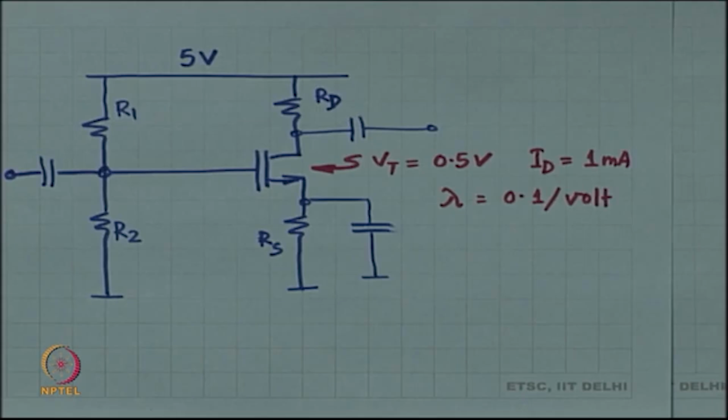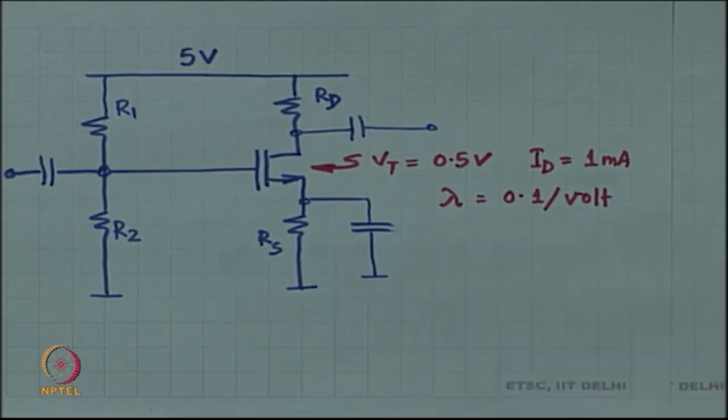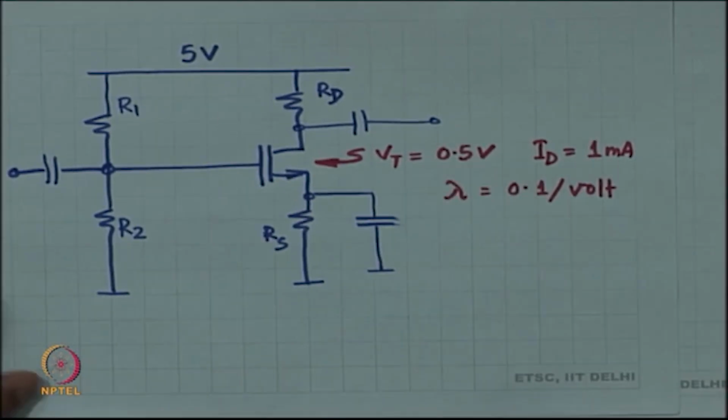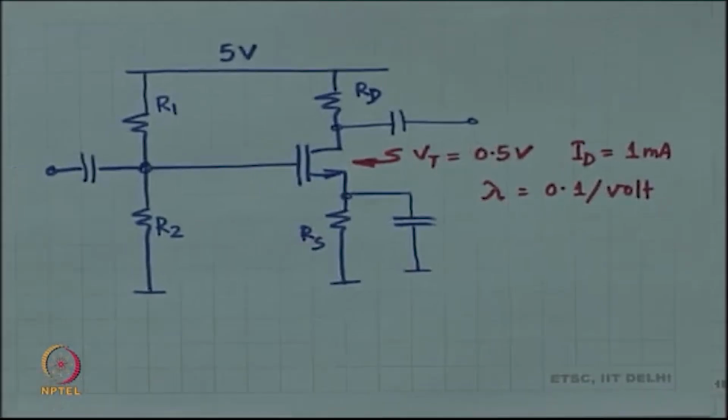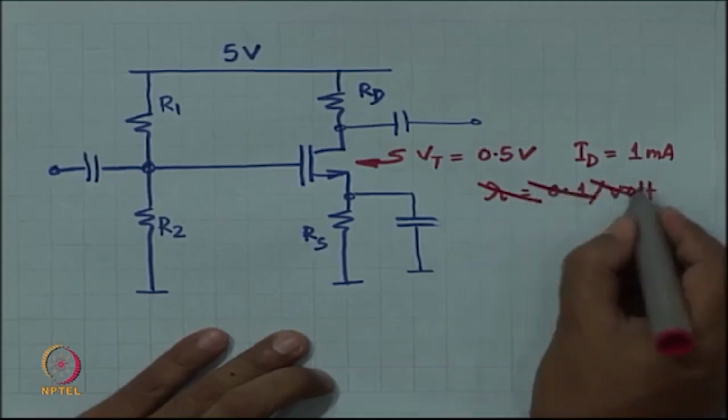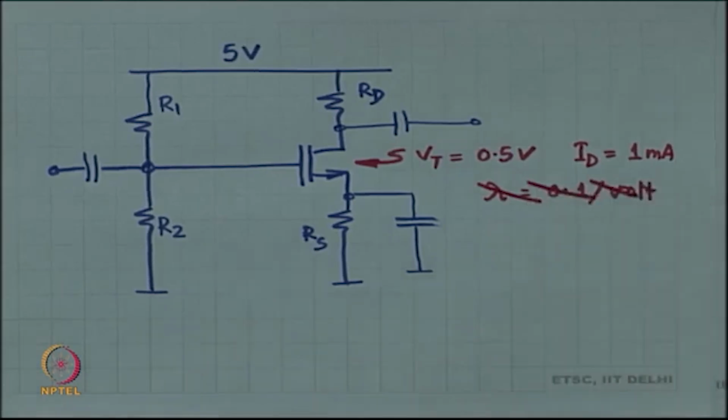But which is the piece of information that gives you RDS or GDS? It is going to be lambda. Lambda will tell you a little bit about the value of RDS. So, with the help of lambda you can find out RDS. Okay. Let us forget lambda for now. Let us say RDS is infinite for this particular MOSFET.